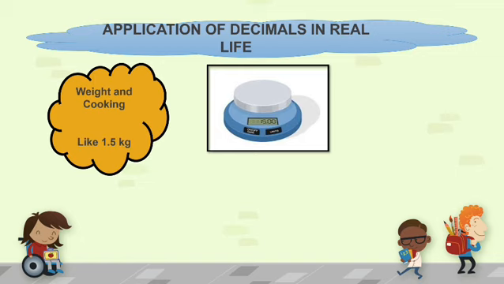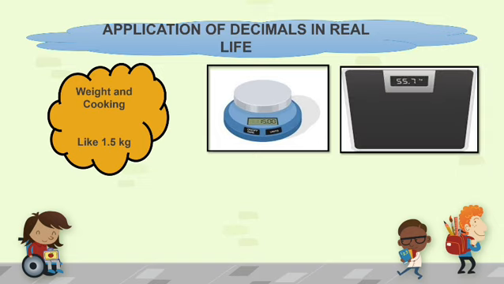Yes, 1.5 kg, 2.5 kg of apple, or when you buy groceries or vegetables, you use decimal point over there to separate kg from gram. Then for weight, like you say 50 kg and 700 grams is my weight.